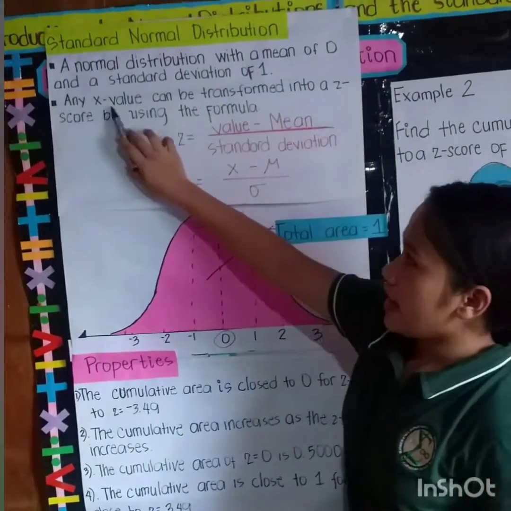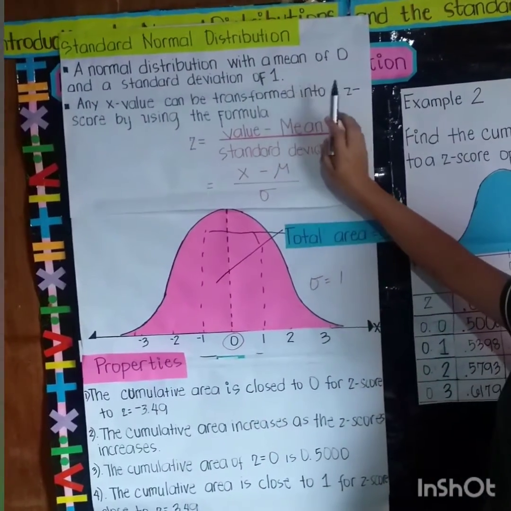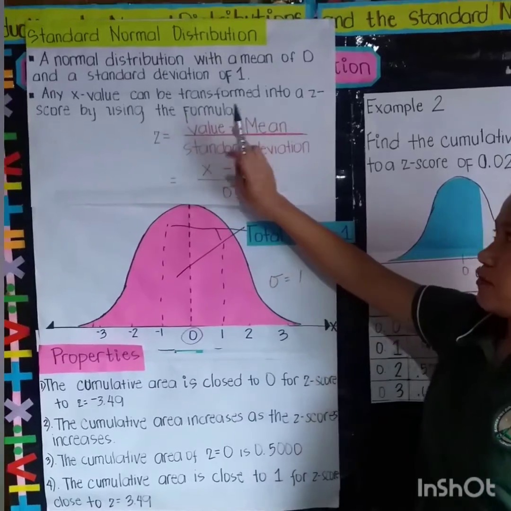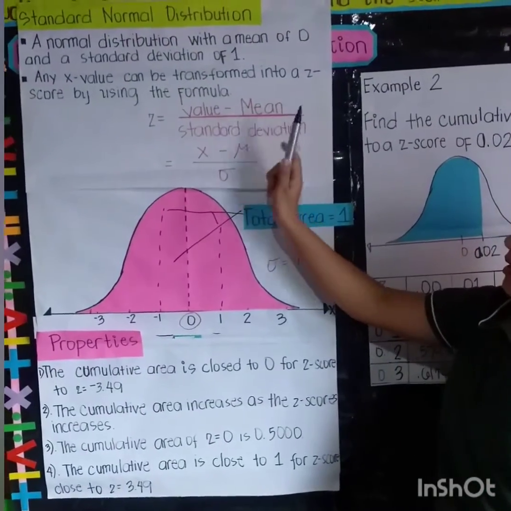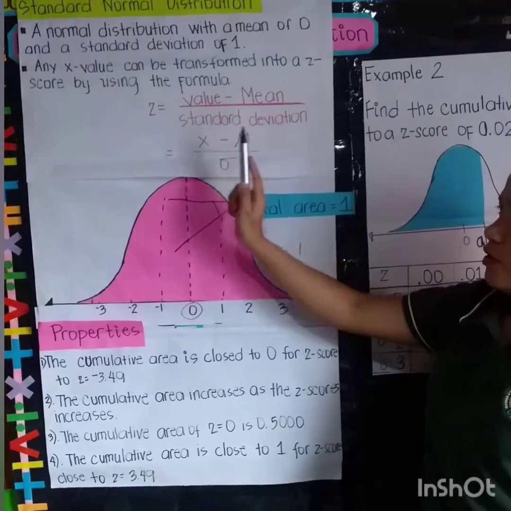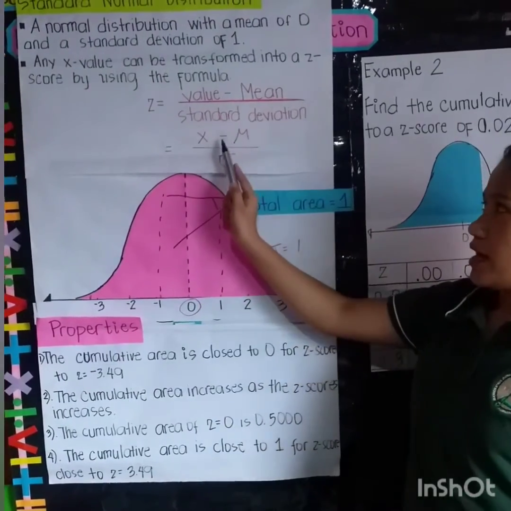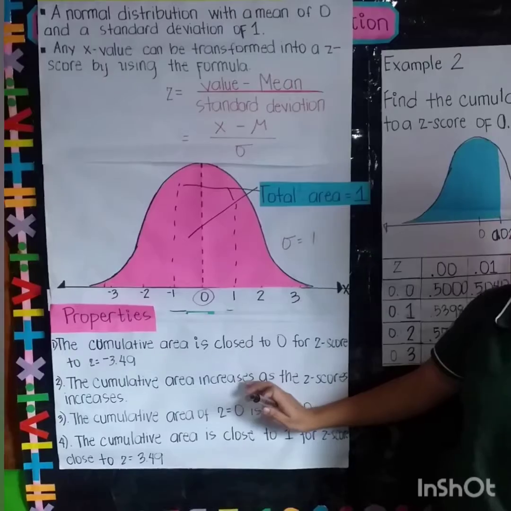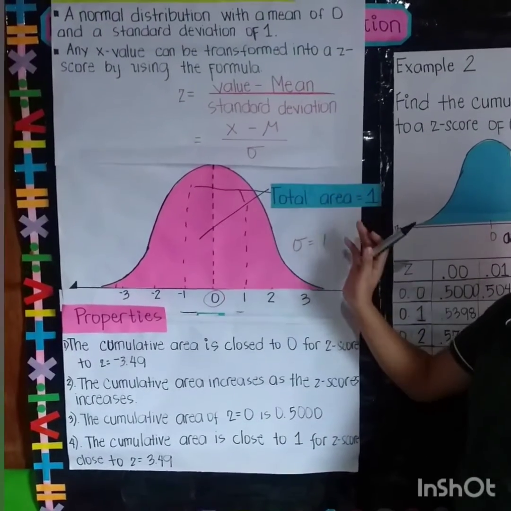Any x value can be transformed into a z-score by using the formula: z is equal to the value minus the mean over the standard deviation, or z equals x minus mean over the standard deviation.